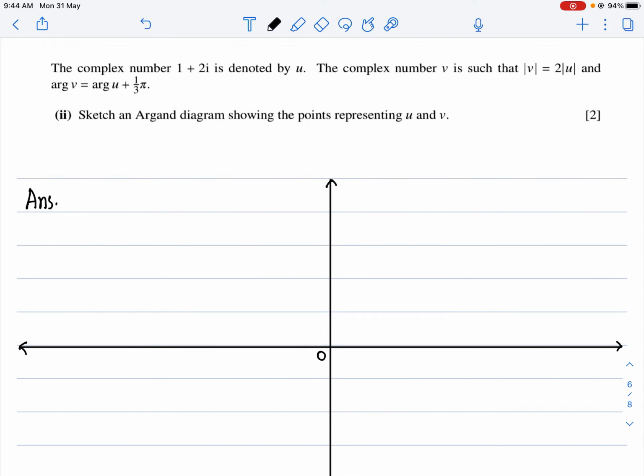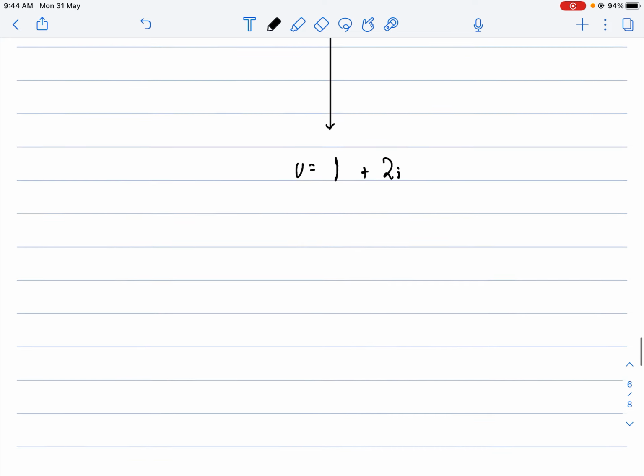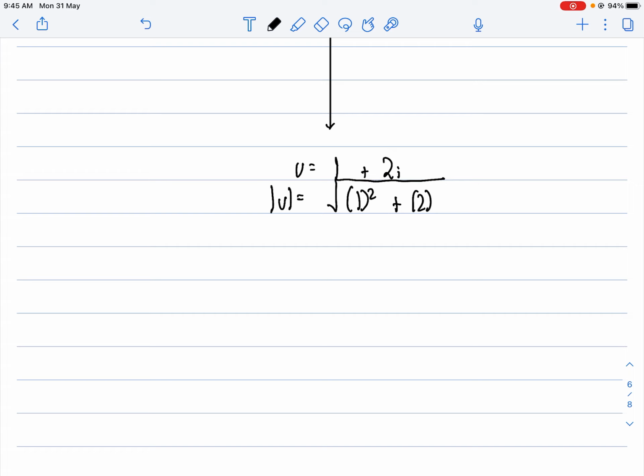I know the mod of u, which I can simply calculate. As I told you in the first part also, the mod of u is basically the square root of the real squared plus the imaginary squared, which gives me root 5. Now let's say I want to plot u with the red pencil.